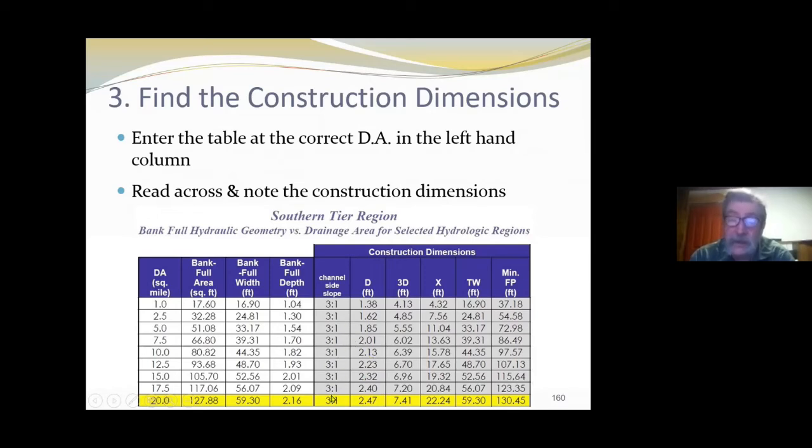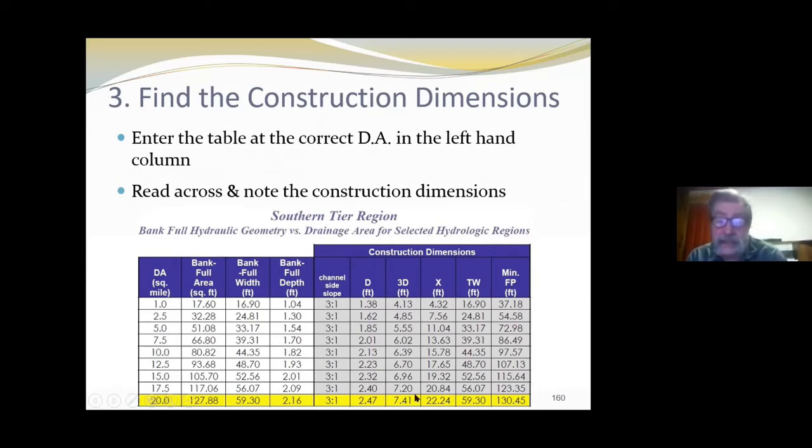So here we have that channel side slope that we want to use, and we use a 3:1 as kind of a go-to dimension because we don't want to make vertical slopes. We want to have stable slopes. Again, the stream will adjust that slope. That depth is about 2.4 feet, and again that top width, considering those side slopes of that channel, is 7.4 feet.